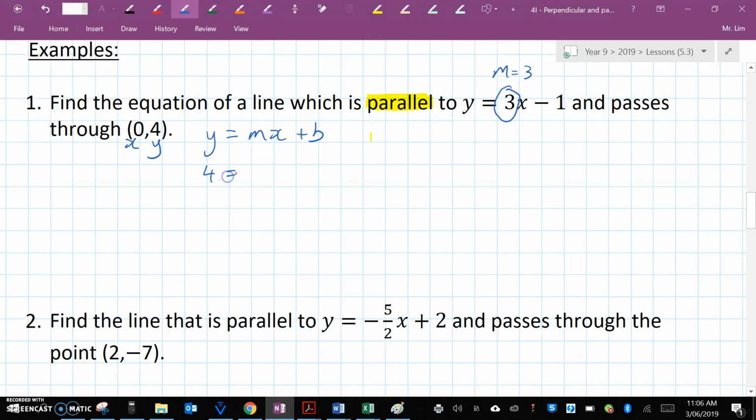Y is 4, m is 3, x is 0, plus b. We can work out what our y-intercept is. 4 is equal to 0 plus b, which is b. b is equal to 4. Therefore, the equation of the line that's parallel to y equals 3x minus 1 is y is equal to m, which is 3, x, plus b, which is 4. That's what we've worked out. 3 because it's the same gradient, 4 is the y-intercept we just worked out.